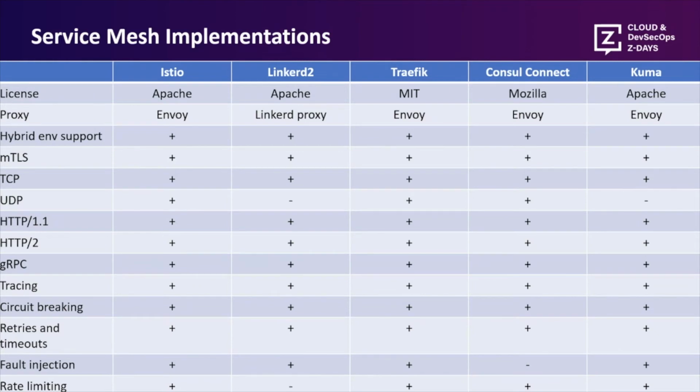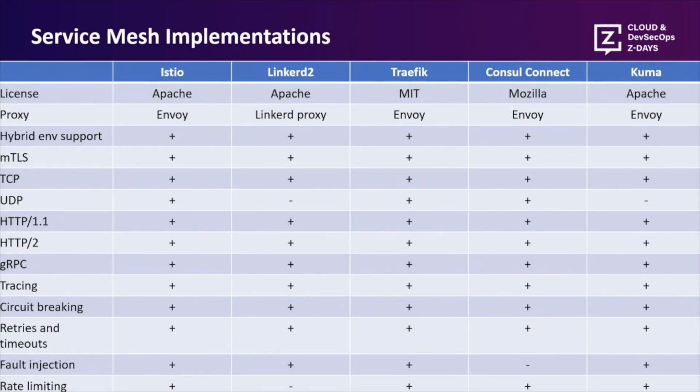I would expect all of them to have UDP support eventually, but perhaps just not yet. And all of them will support tracing, circuit breaking, and retries and timeouts. And some will also support fault injection and rate limiting, right?